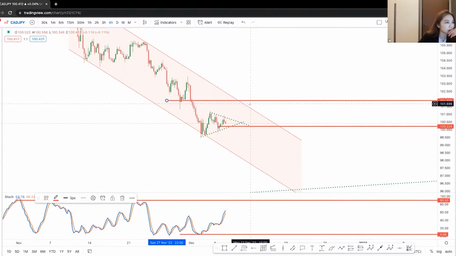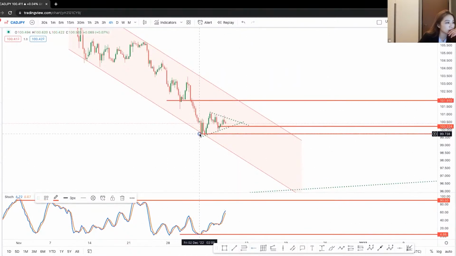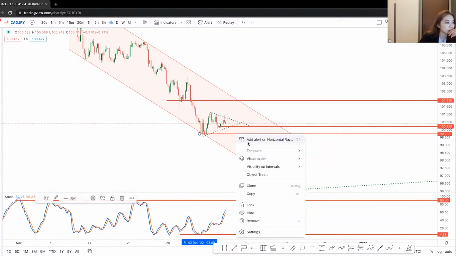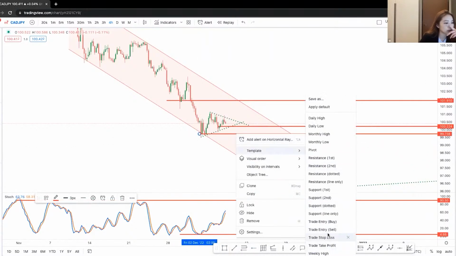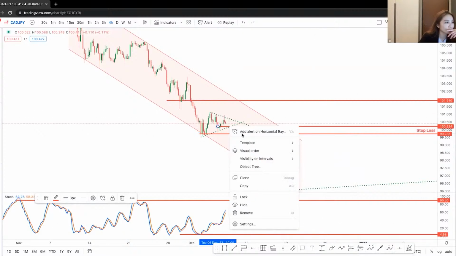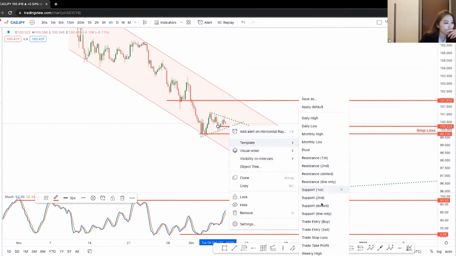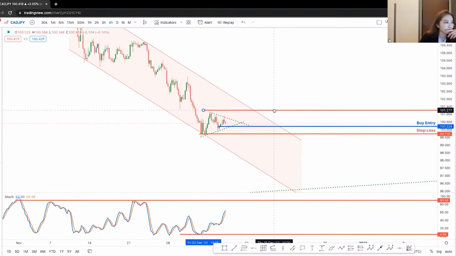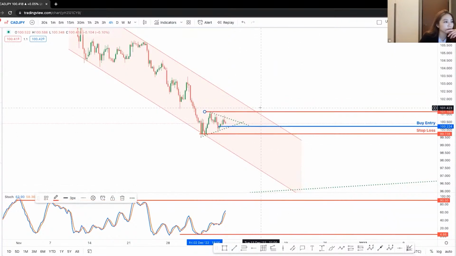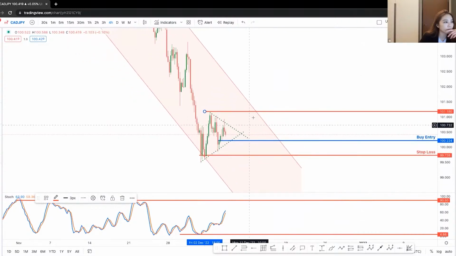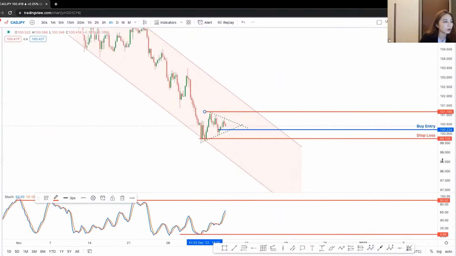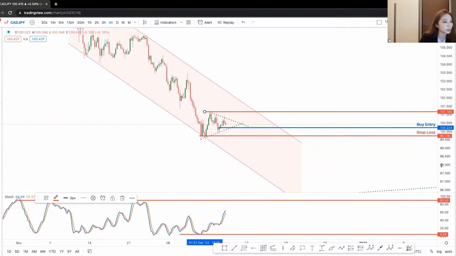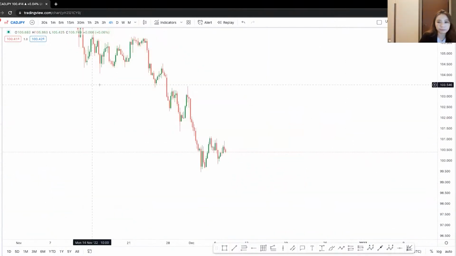However, it's not a very big entry and I would say the risk is not very worth it. In order to keep our take profit within the channel, we will be looking at more of a 1:1 in terms of stop loss and take profit, which I am not a very big fan of.